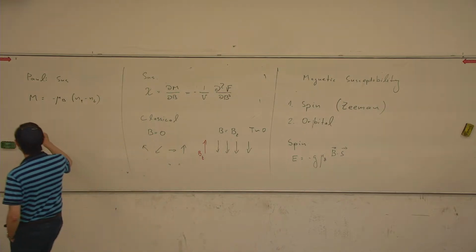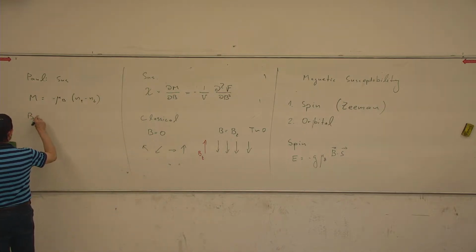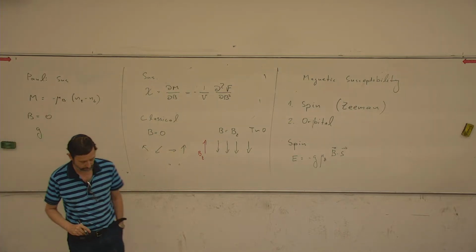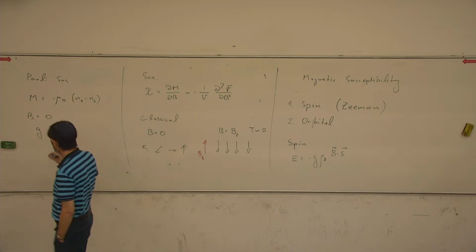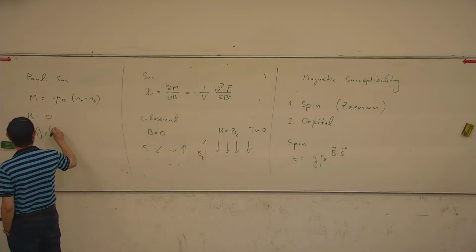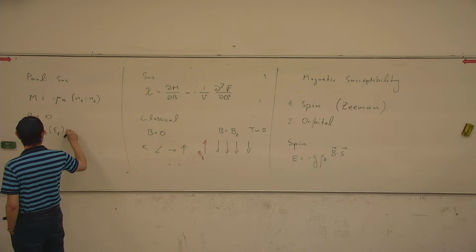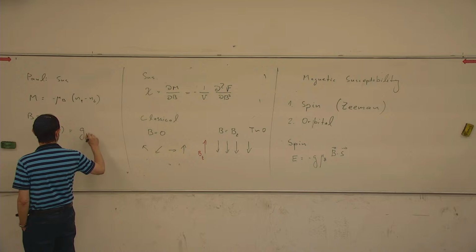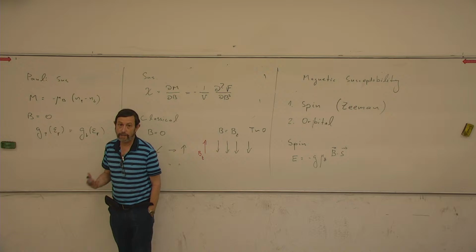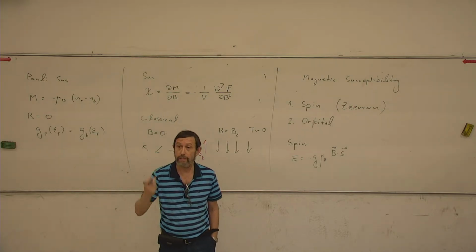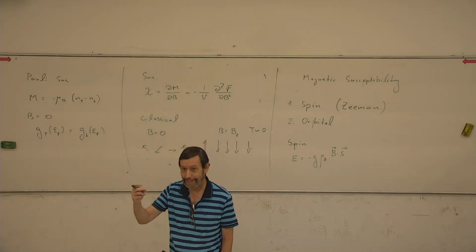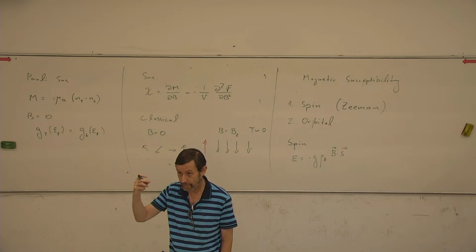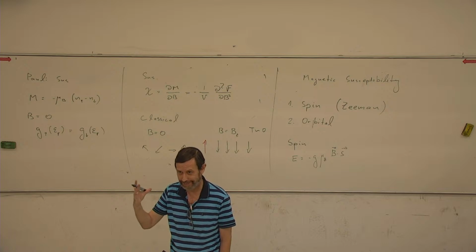At B equals 0, the density of states, and I'm talking density of states and not number of states, exactly because I'm talking about a macroscopic system.